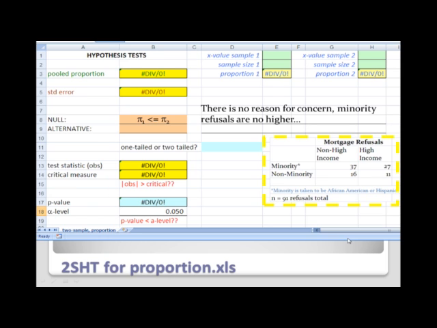If minority refusal rates are no higher, we could say that the minority group is group 1 and the non-minority group is group 2. The alternative would say that there is reason for concern, minority refusals are higher, where group 1 has a higher percentage than group 2.